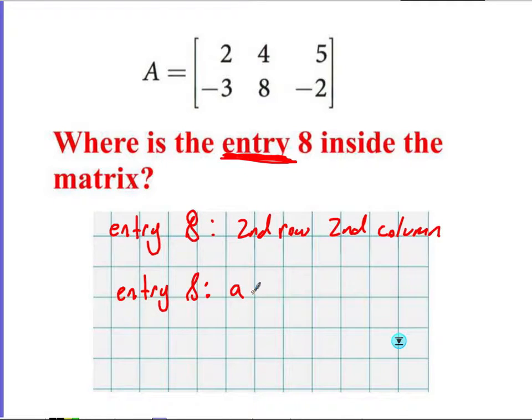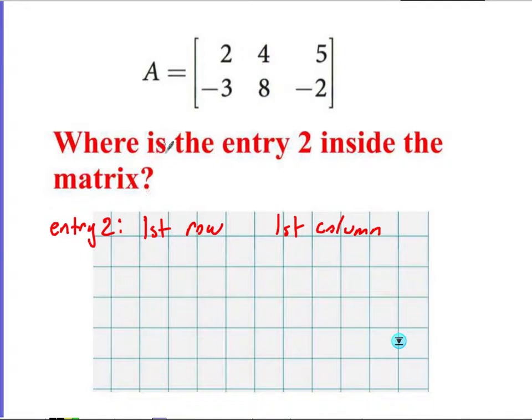The first number represents the row that entry 8 is in, which I found to be 2, and the second number represents the column that the entry 8 is in, and that is the second column. So there we go.